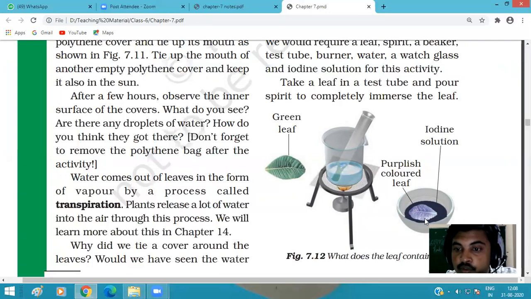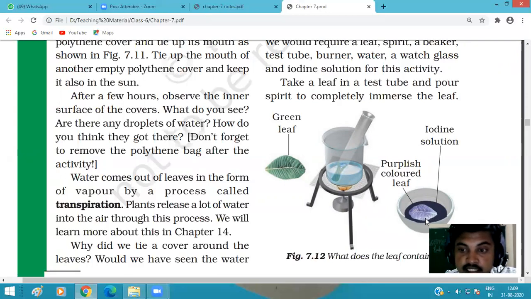When we put iodine solution on this leaf, what do we see? The leaf shows a purplish or blue-black color. This blue-black color shows that starch is present in the leaf.